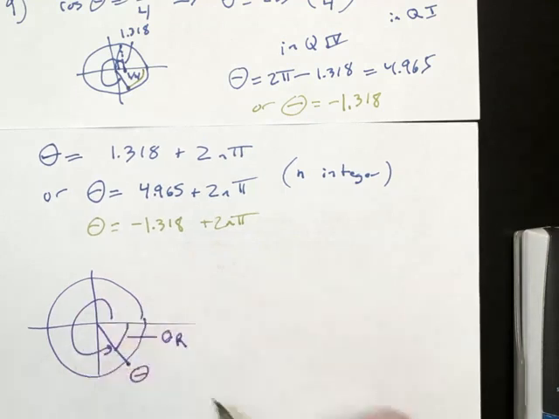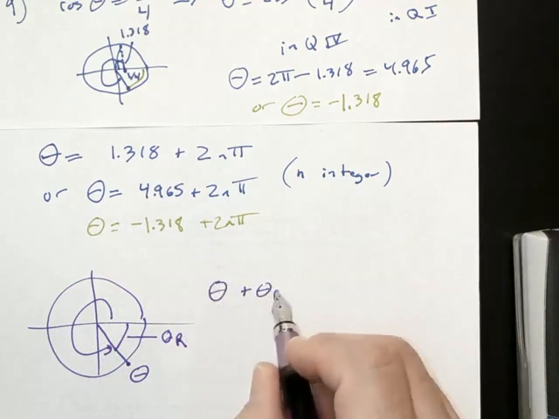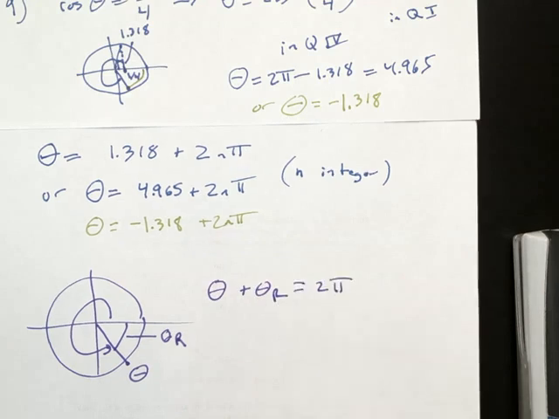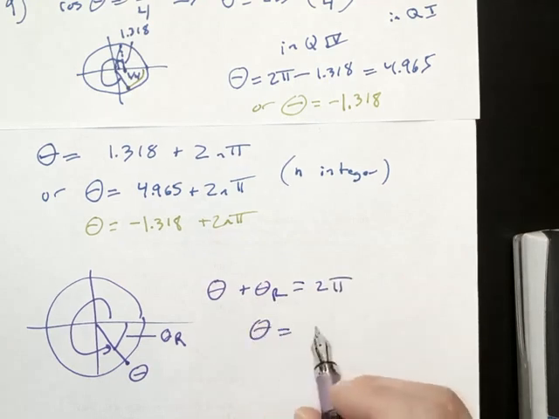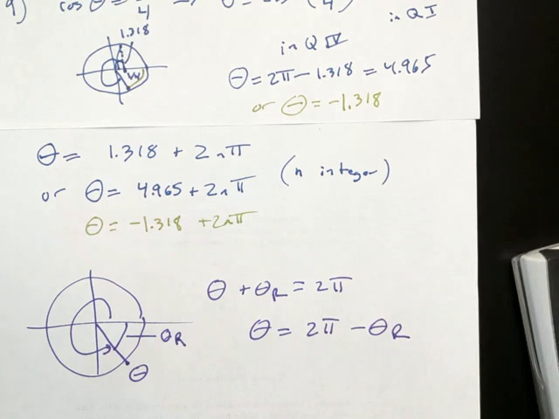Right? But if I put those two together, I get the whole circle. So the two of them added together have to give me 2 pi. That means that the angle is 2 pi minus the reference angle. So whenever I'm in the 4th quadrant, that's my way of finding from the reference angle what's the other angle.